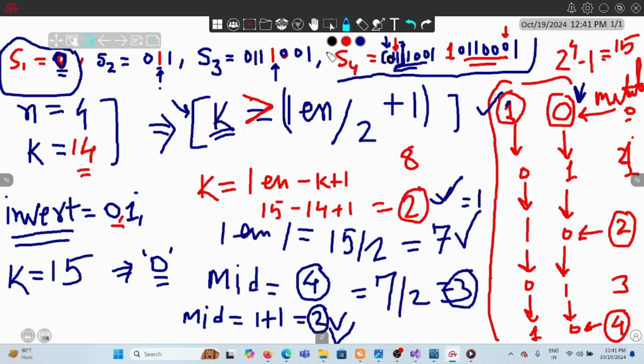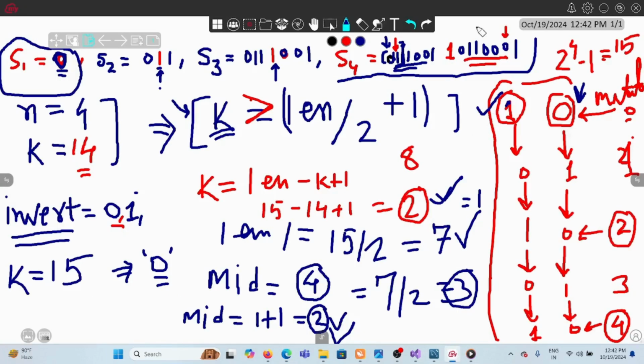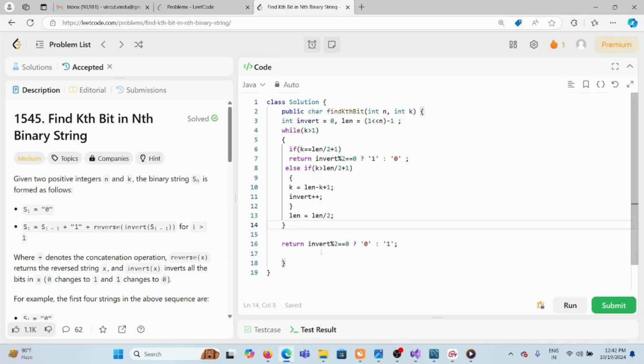So we would directly come out of this loop, and coming here, invert would become 1, right? Because we went to the right half, correct? If it is 15, we would go to the right half. Here, this is the right half. In the right half, we will make 1, correct? So in this case, we are checking that if invert % 2 came an even number of times, then we return 0, otherwise 1. So this is what we have to do.